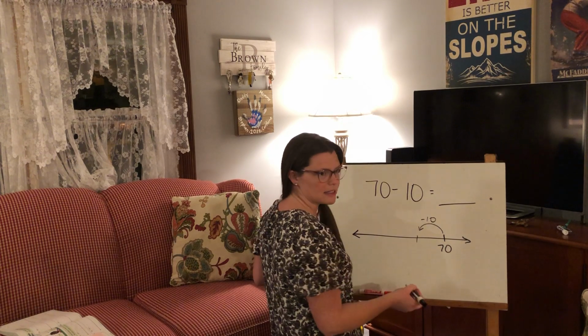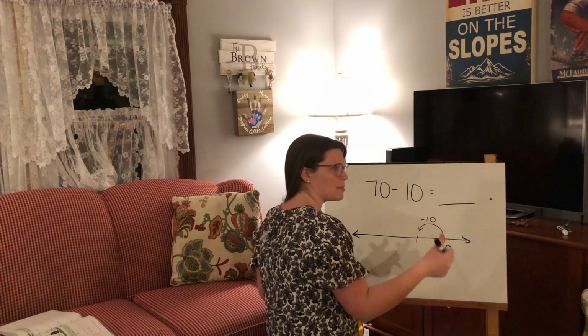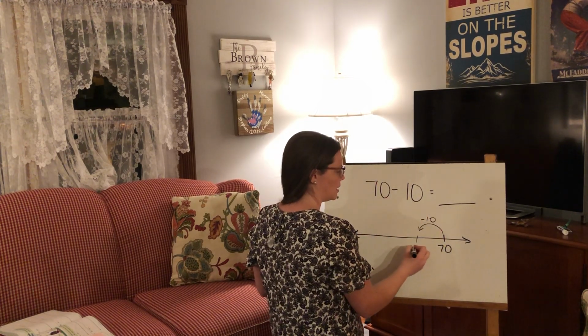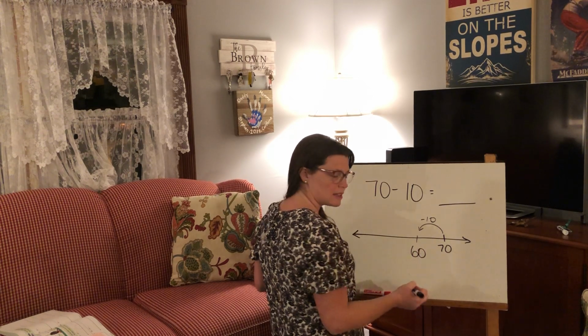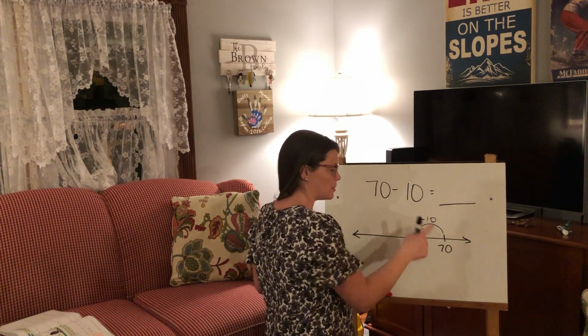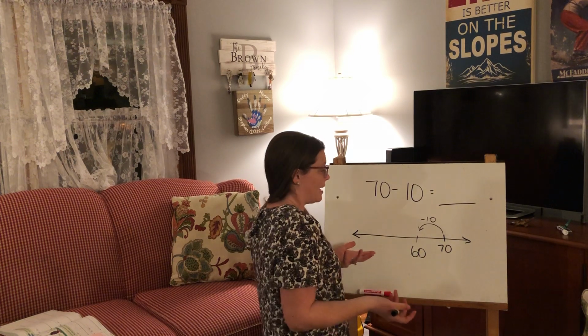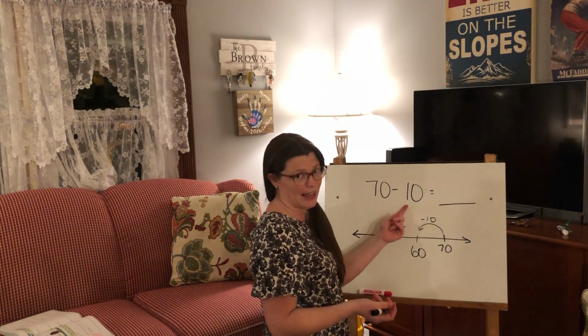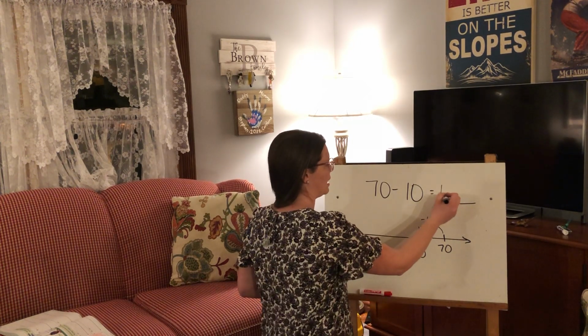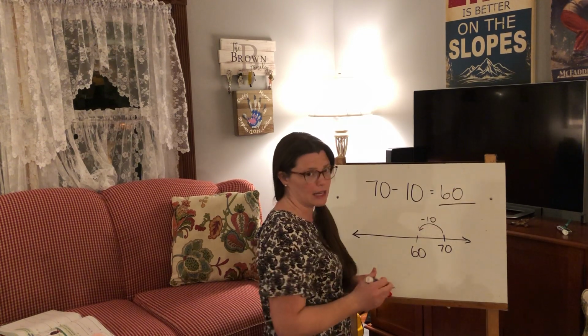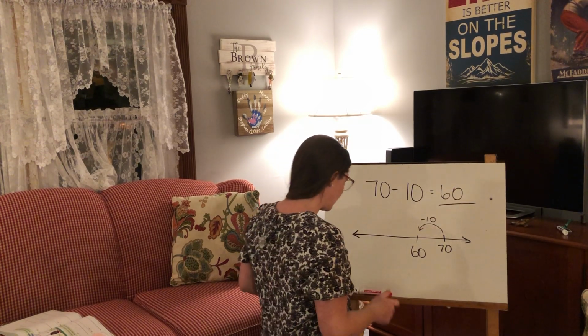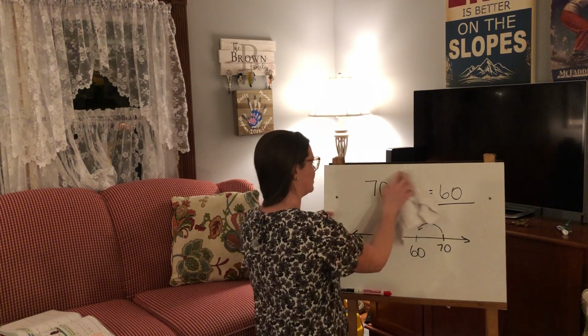Well, 10 less than 70, if I'm counting backwards by tens, it's going to be 60, right? Because 60 is the one that comes right before 70. And I only needed to jump back 10. So my answer is going to be 60. Okay, let's try another.